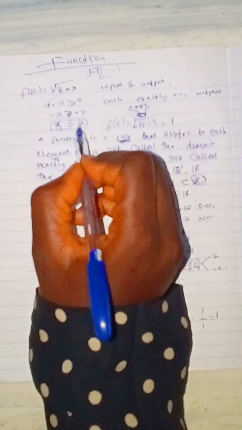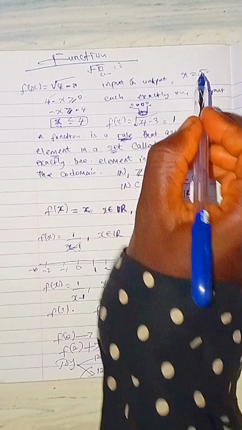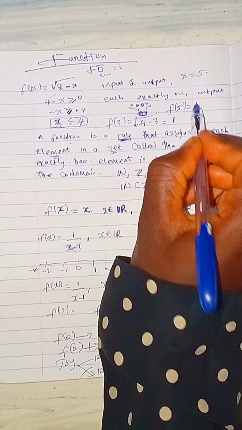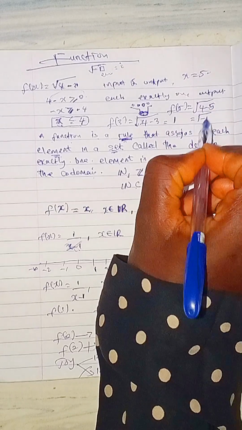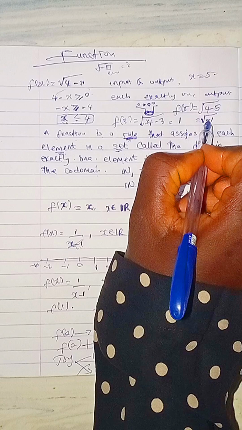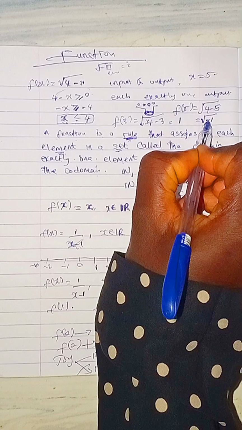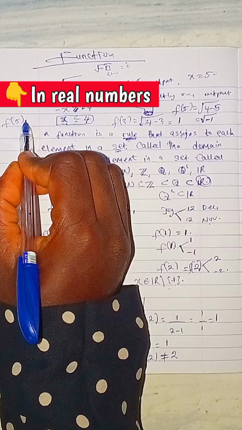If x is more than 4, say x equals 5, f of 5 will be the square root of 4 minus 5, which is the square root of minus 1, and that is going to be a complex number. For that, f of 5 will not have a value in the real numbers.